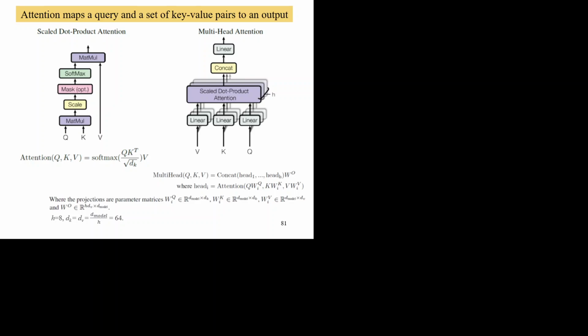So yes, K and Q are kind of the same, so how do they know which is query and which is key? In self-attention, it's okay if you change the order, the result is the same.